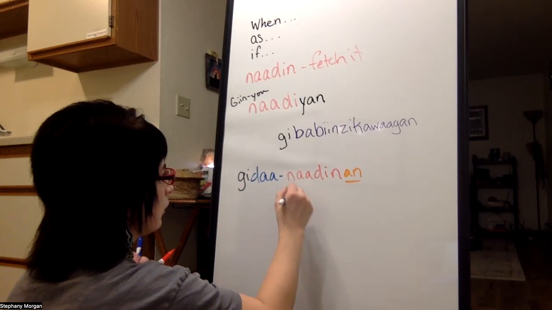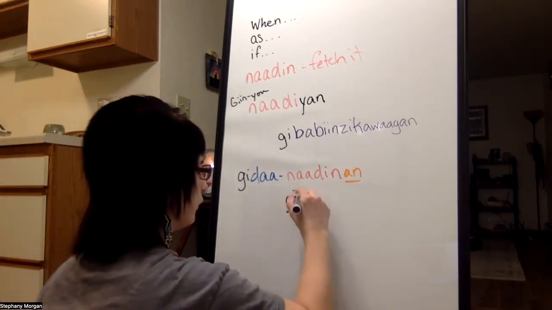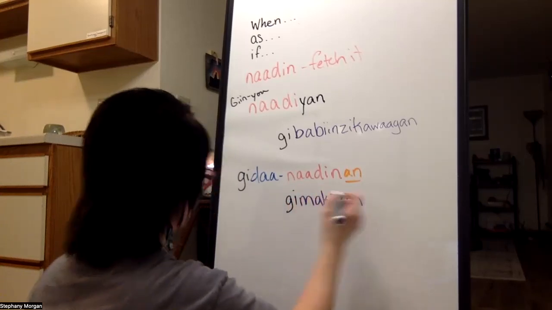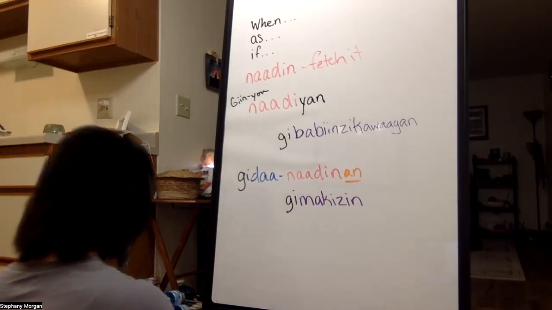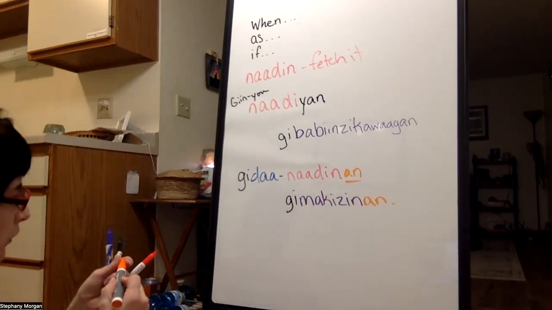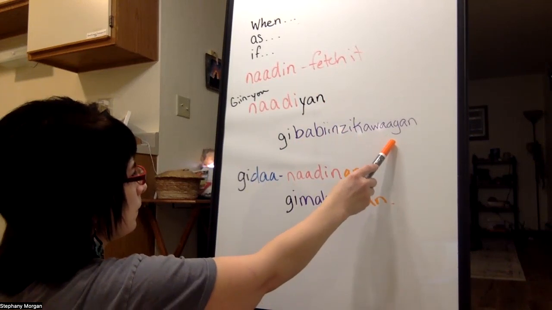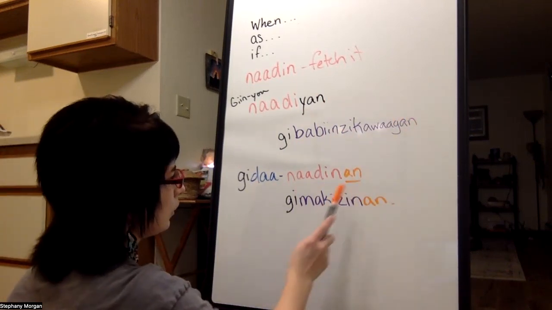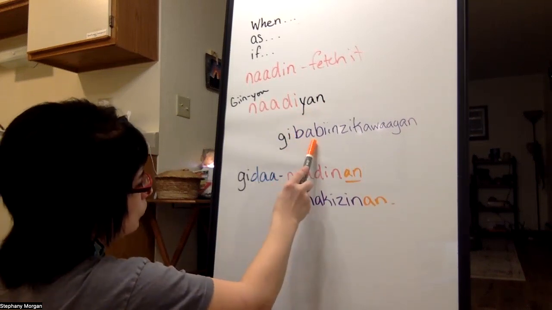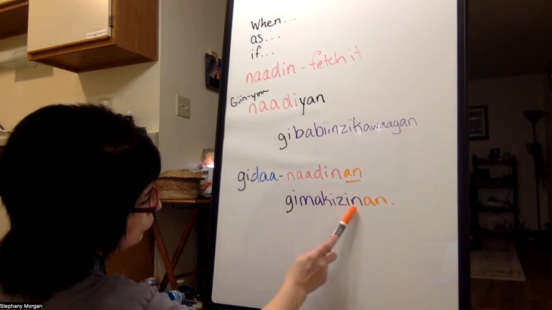Get mukizin is one shoe. Mukizin. And then more than one shoe, mukizin un. So that's how a compound sentence would work. Nadian means a koagan. Get that nadinan, get mukizin un. When you fetch your coat, you should fetch your shoes.